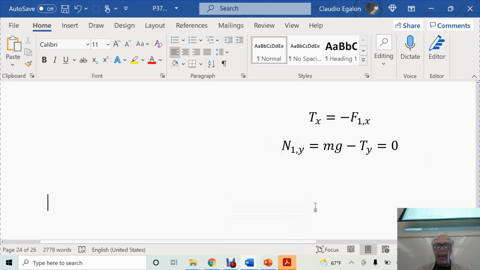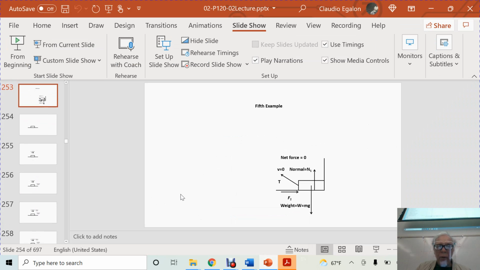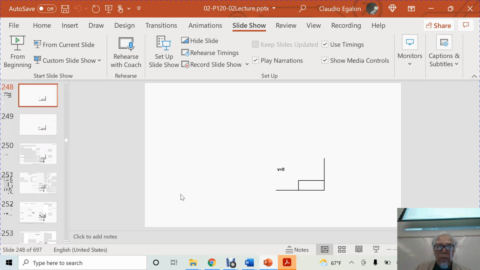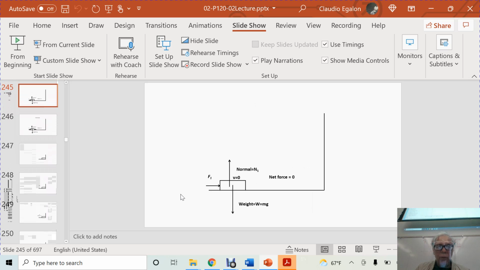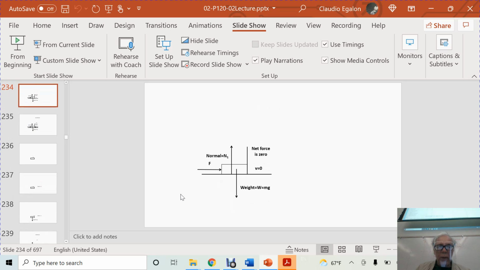Compare that with the other case. We are talking about what I did in the notes, this case here. Compare that with the case in which the block is just by itself, the very first example.